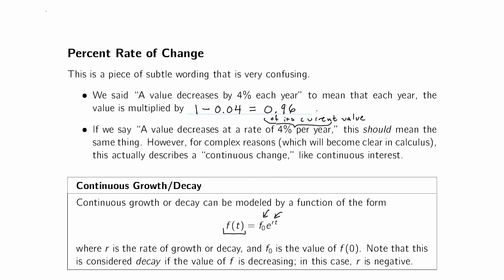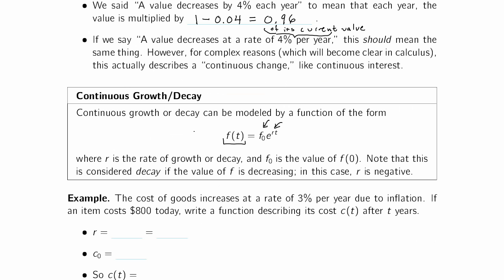Here's an example. Suppose the cost of goods increases at a rate of 3% per year due to inflation. So that means that at a rate of 3% per year, that's the key phrasing that tells us we want to play this continuous game. The rate is 3% or 0.03.